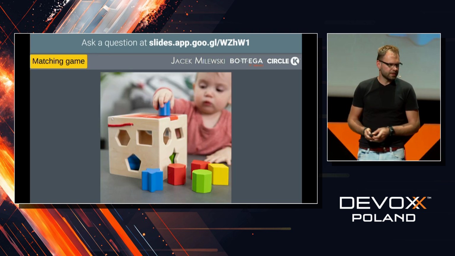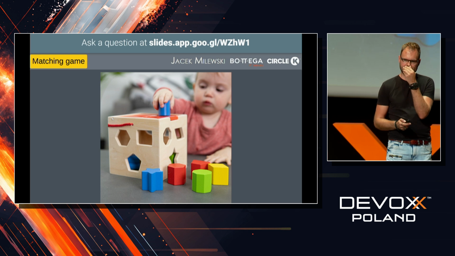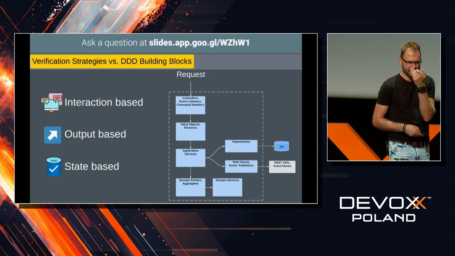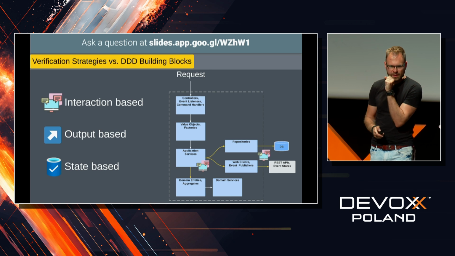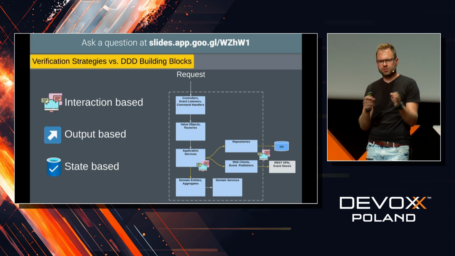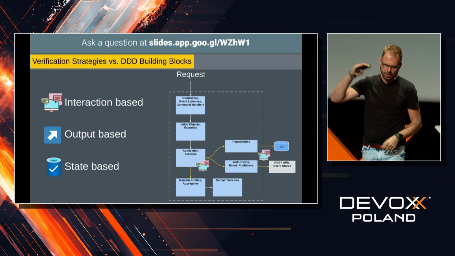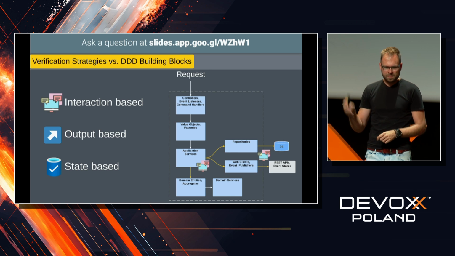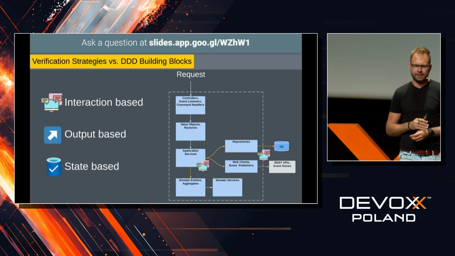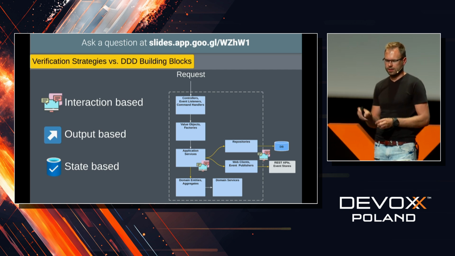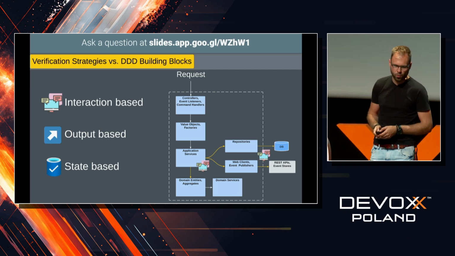Fine. Next part again. Let's see how this matches the building blocks of domain-driven design. Interactions are here. Application services are interacting with different parts of the application, so we can verify whether they interacted with them correctly, if we are approaching it in a granular way.